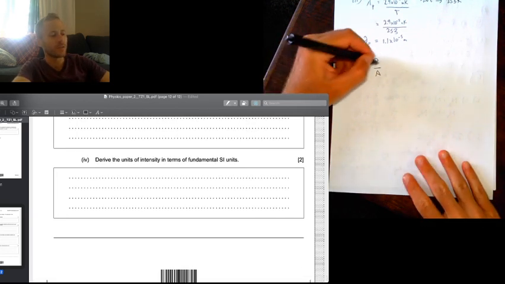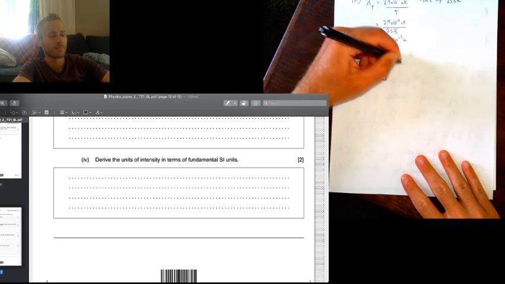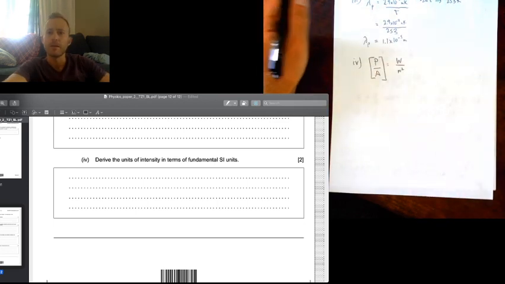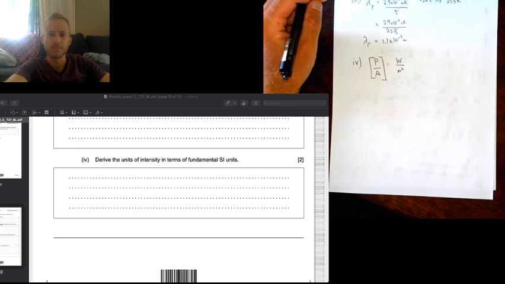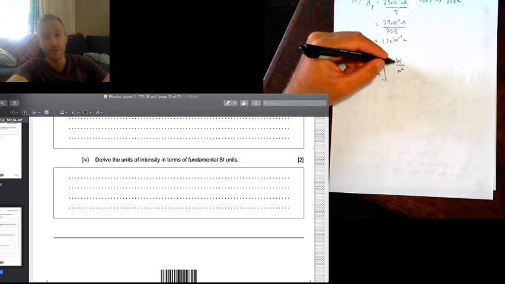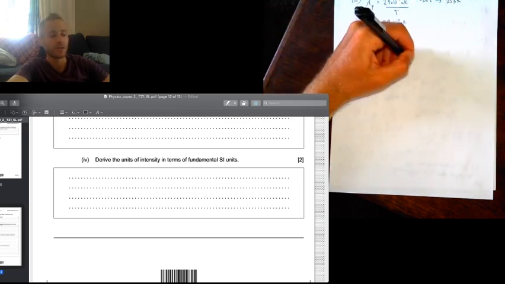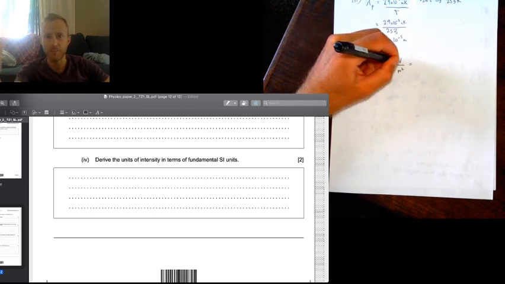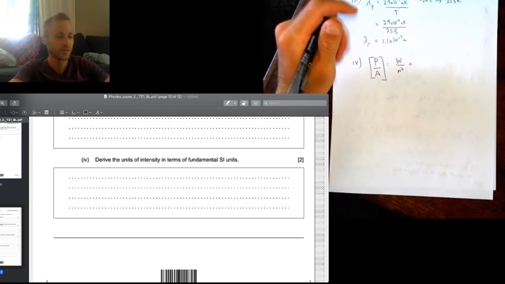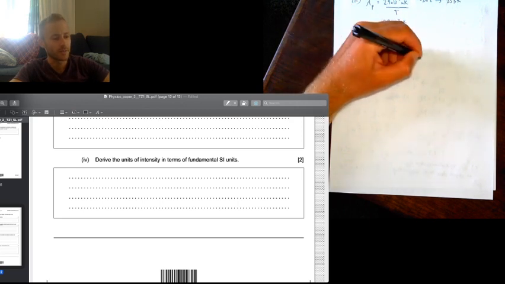So the units of intensity are going to be watts per square meter. However, meter is a fundamental SI unit, but watt is not. So I have to take a watt and break it down into kilograms and meters and seconds. So a watt is a joule per second.